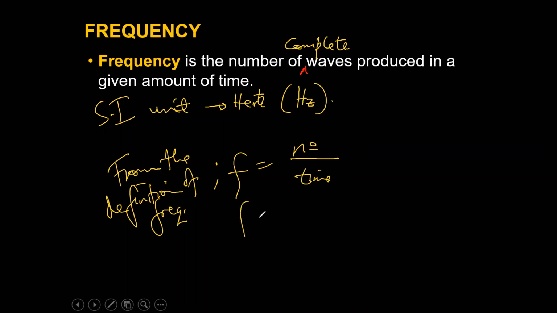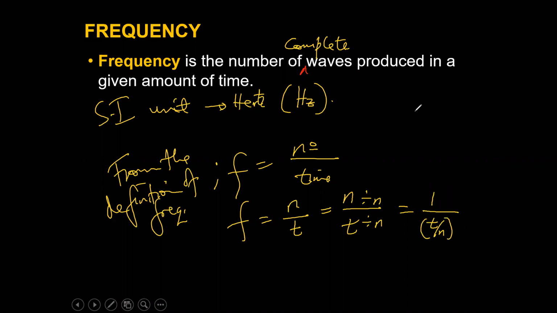In other words, F is equal to the number of complete cycles made in 1 second. Now, if we divide this by n, let me write it on the next page. This is the same as n out of t, divide this by n, divide this by n. We shall say that this is the same as 1 divided by t out of n.